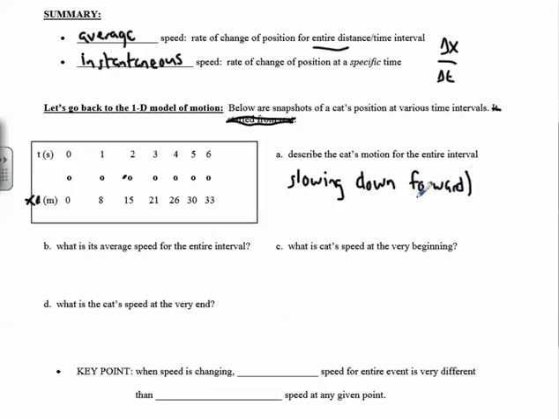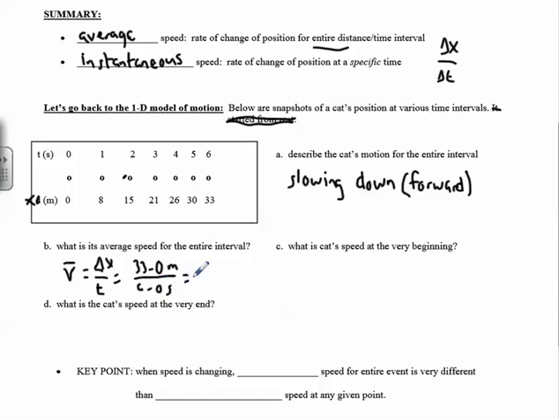Now let's look at instantaneous and average speed in this context. The average speed for the entire interval, if we use the idea of change in position over time, and we want the entire change in position, we went from 0 to 33. So if we still use v bar is delta x over t, then we've got 33 minus 0 meters divided by 6 minus 0 seconds.